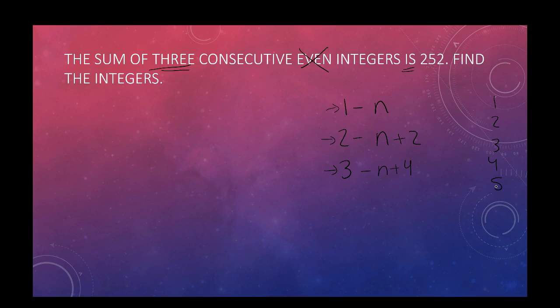So that pattern is going to look a little bit different, because if I'm starting at 1, to get to 2, I add 1. 2 to 3, you add 1. So this second integer would be a plus 1. And then if I wanted to skip, I would add 2. So that pattern would just be going up by 1s instead of going up by 2s like the evens or the odds. Okay, so that's what it would look like for consecutive integers, not even or odd.